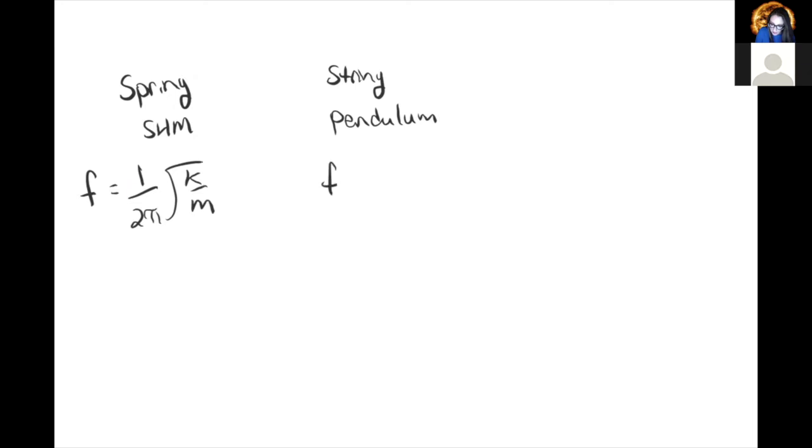And our frequency of oscillation for the pendulum is 1 over 2 pi square root of g over L, okay? So for our spring's simple harmonic motion, the frequency is solely dependent on the spring constant and the mass that's attached to the spring. So for the string pendulum, when we're thinking about simple harmonic motion in the pendulum system, the mass doesn't actually play a role in the frequency. It's just the length and the surface gravity.